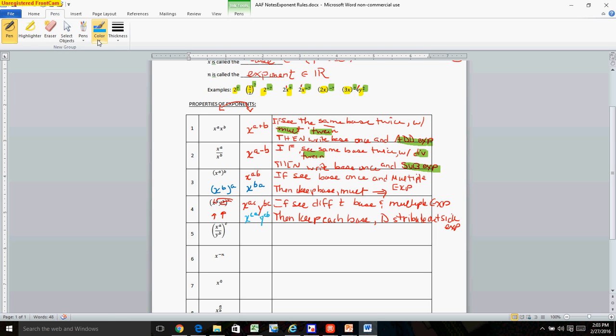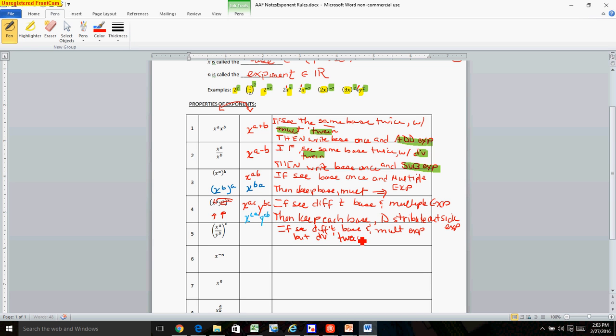5 is that same rule because I have different bases, an x and a y. If you see different bases with multiplication in between, and multiple exponents, but division in between.